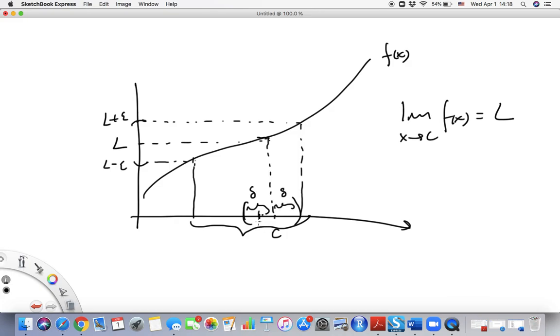So if x is in this interval, then the difference between f of x and L is less than epsilon. And also from this graph, you can see that this delta will depend on epsilon, because if I choose a smaller epsilon, then my interval here will also get smaller.